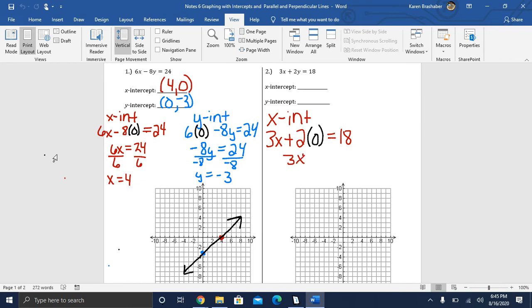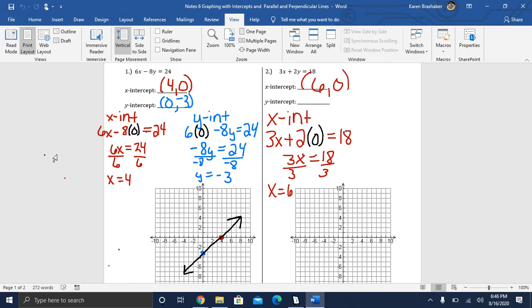So we have 3x equals 18. Divide both sides by 3, and we end up with x equals 6. And that makes your x-intercept 6, 0. We do want to write this as an ordered pair. So ordered pair 6, 0.